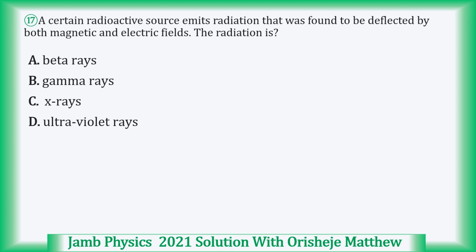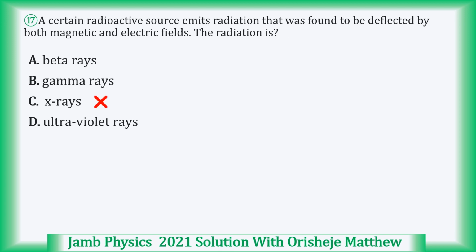Question 17. A certain radioactive source emits radiation that is found to be deflected by both magnetic and electric field. The radiation is what? So what are the major properties?